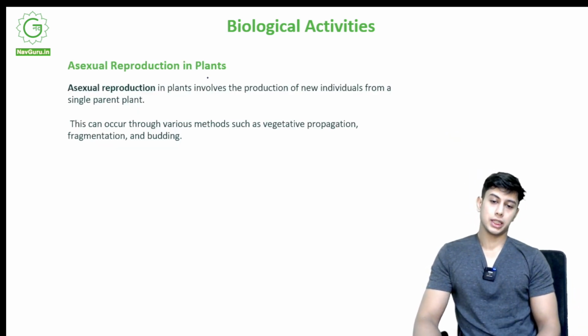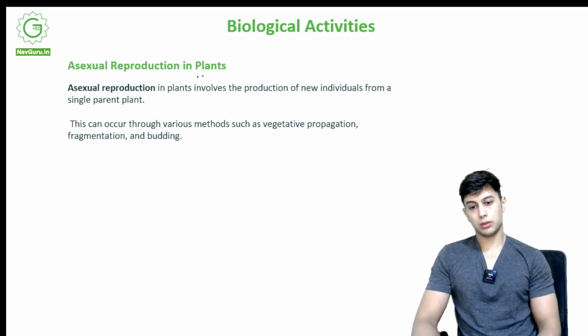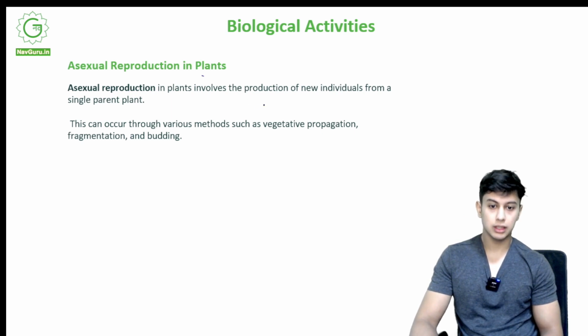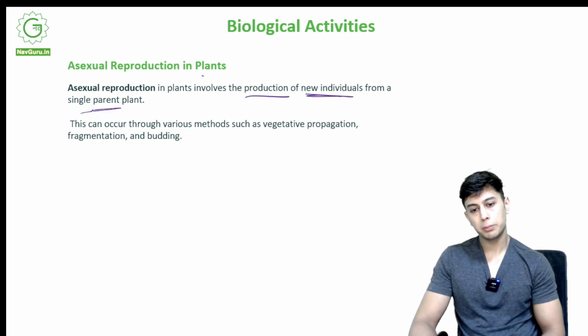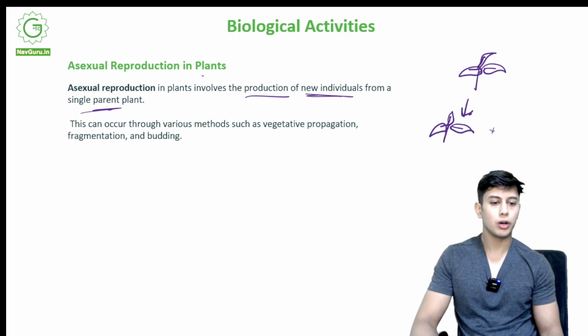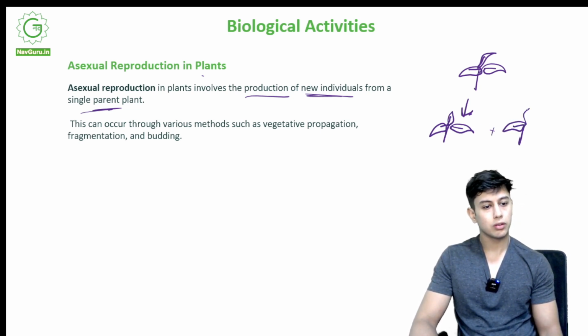Asexual reproduction in plants. What is asexual reproduction in plants? It involves the production of new individuals from a single parent plant. So one plant leads to one or many plants.